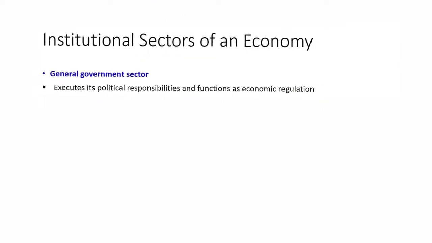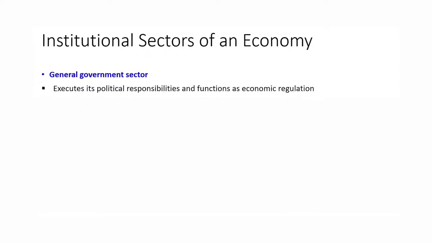Let's come now to the institutional sector of the general government, which is the one which we are interested in. This executes its political responsibilities and functions as economic regulation, and it fulfills the function of government as the primary activity.